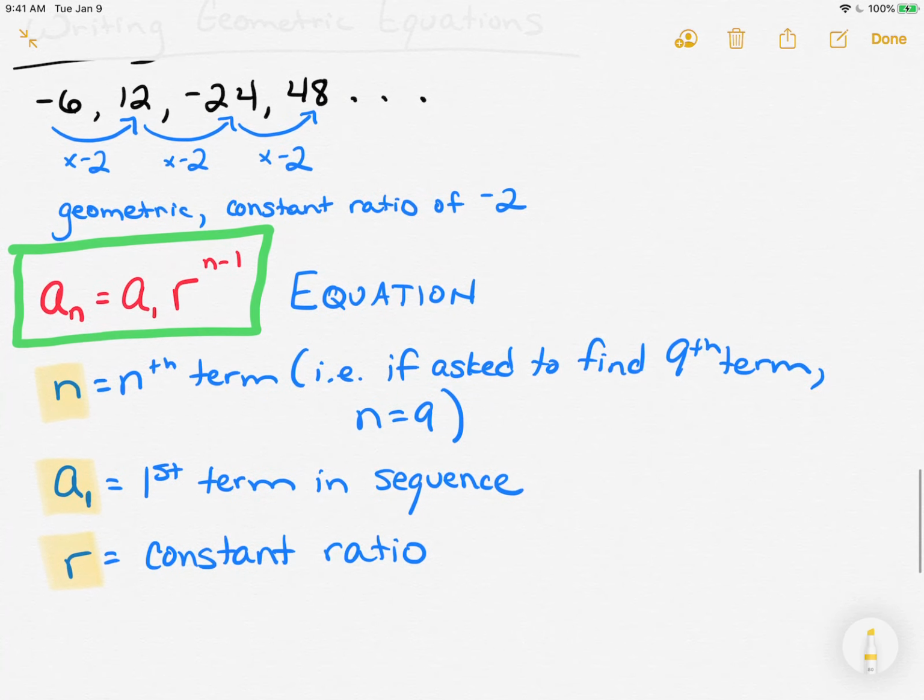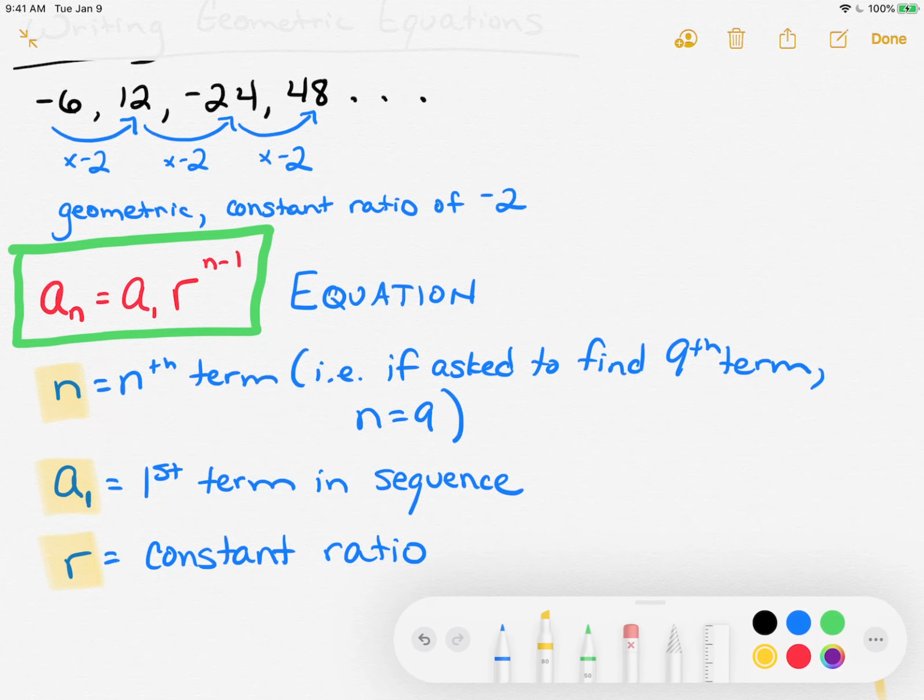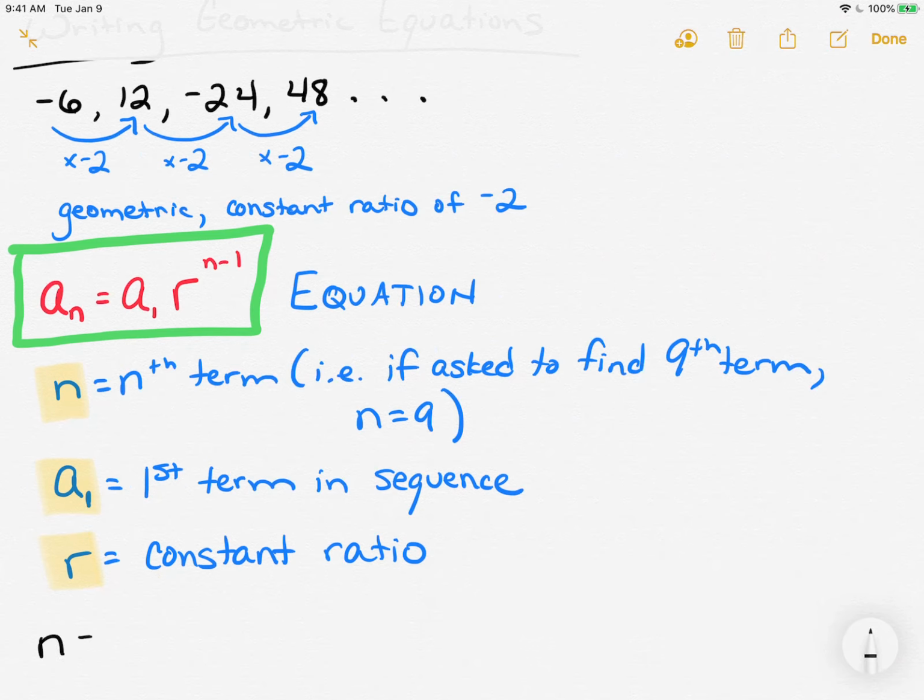So in this problem that I just gave you, let's see if we can figure these out. The nth term in the sequence. Let's just assume that I was asking for the 9th term. If I asked you for the 9th term, n would equal 9. The way that you read that is a sub 1.